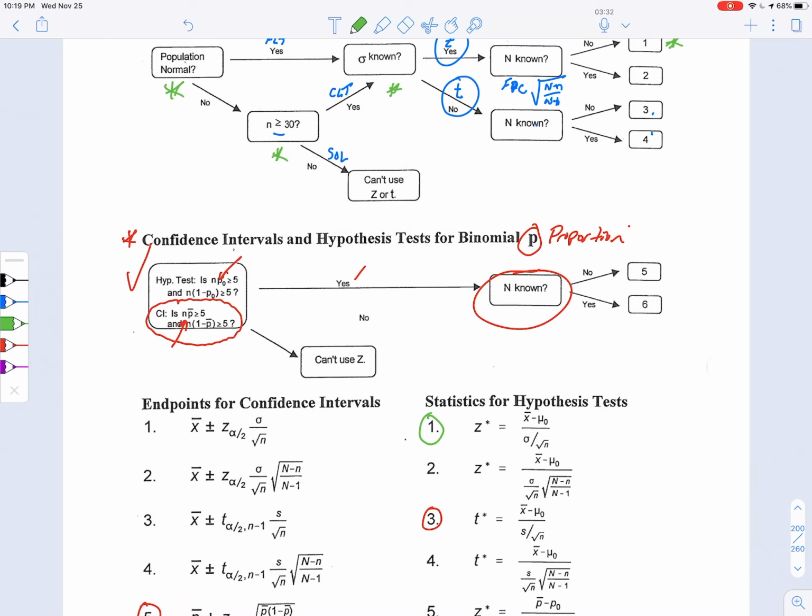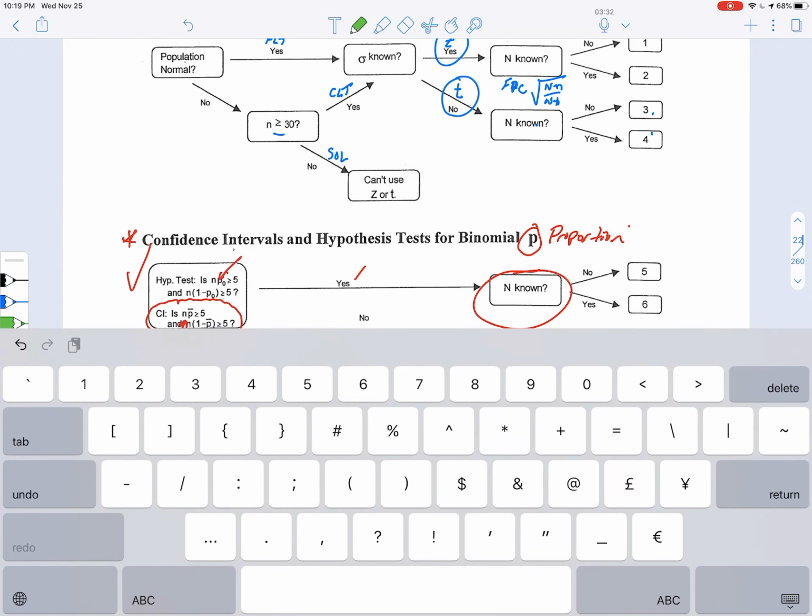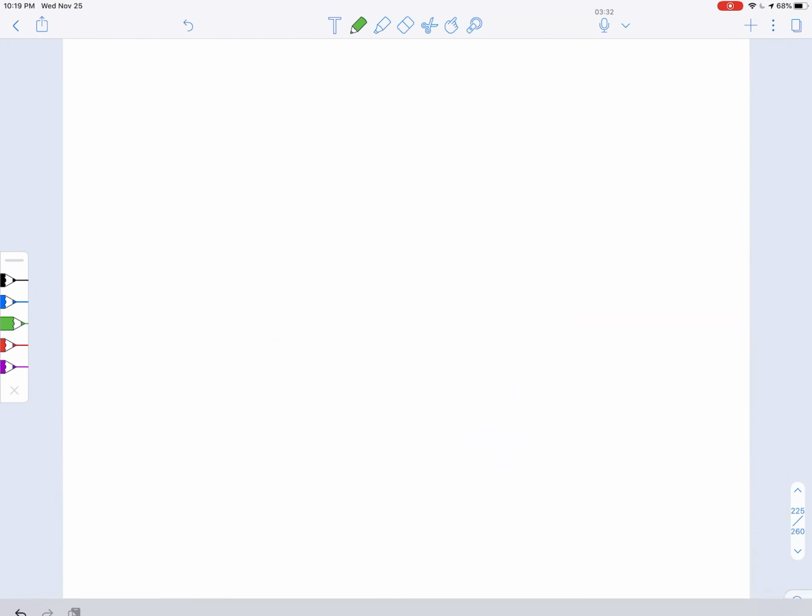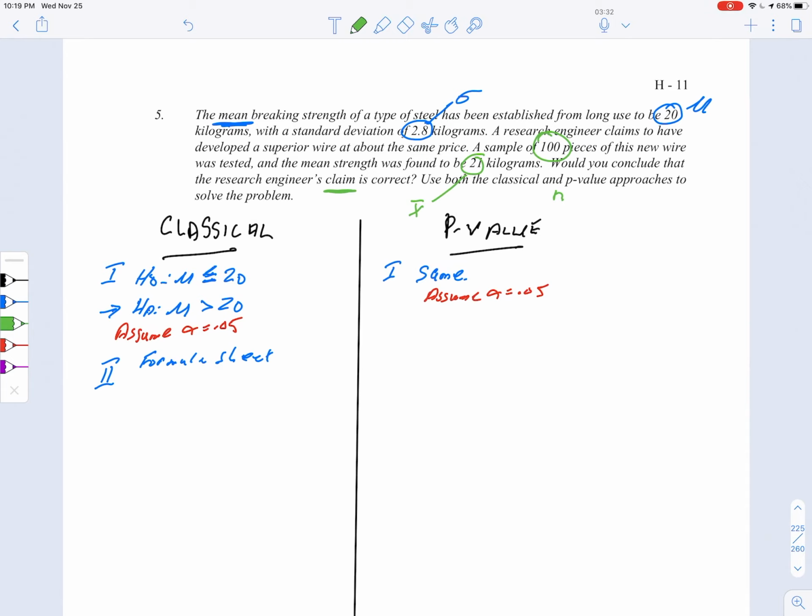So we're going to be using formula number one. Formula number one is just a regular Z star formula, which we were introduced to at the beginning of Unit E. Okay, let me just back all those things up here so we don't have them. There we go. So we're going to use formula number one, which is a Z star formula.